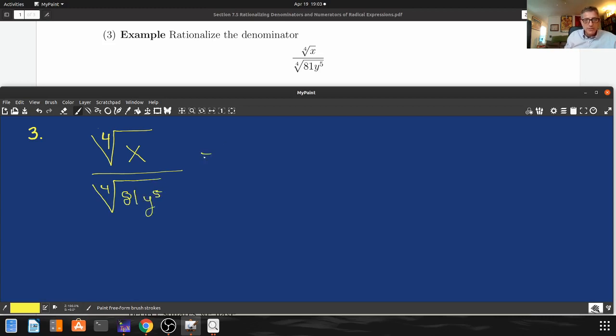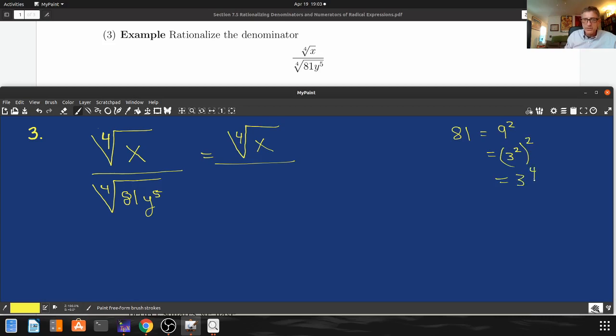So again, the first thing we want to do is simplify the denominator as much as we can. So 81 is equal to 9 squared, but 9 is 3 squared. So 81 is 3 squared squared, which is 3 to the 4th.